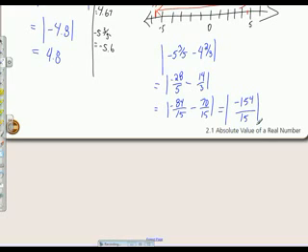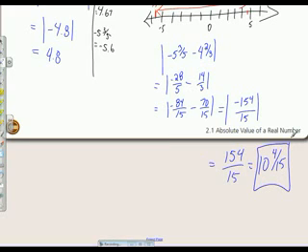Absolute value, which then gives me positive 154 over 15. Let's take that back to a mixed number. Well, 150 over 15 would have given me 10. So that's 10, but then I'm 4 more. So 10 and 4/15 units. And that's close to my estimate of 10.